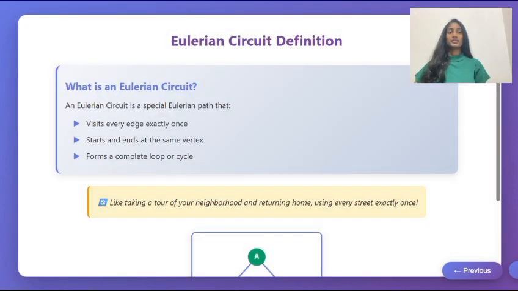An Eulerian circuit is a special type of Eulerian path. It also uses every edge exactly once, but it must start and end at the same vertex. So, it forms a complete loop. It's like walking through every street in your neighborhood without repeating and then coming back home.